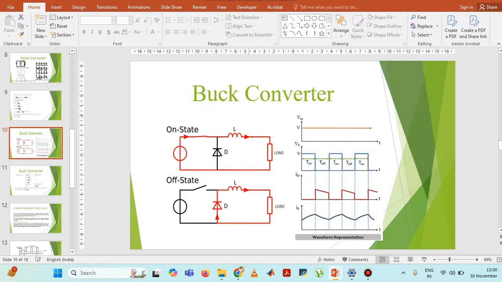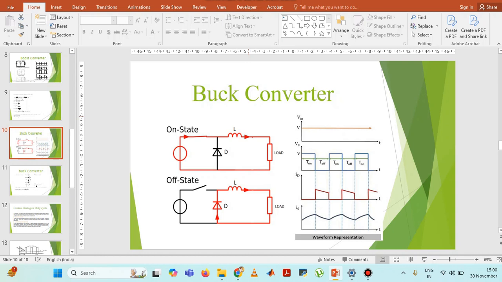At that period of time, the switch is turned on at t equals 0 and then turned off at t equals T on. Okay. So this is the on period.